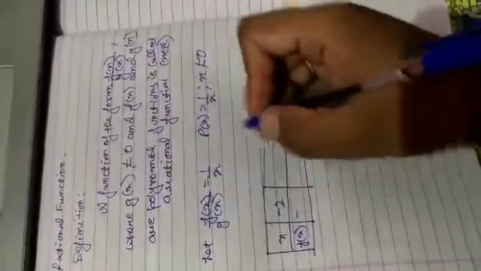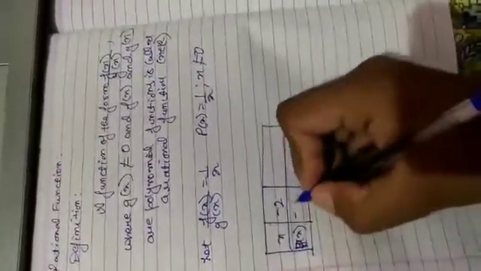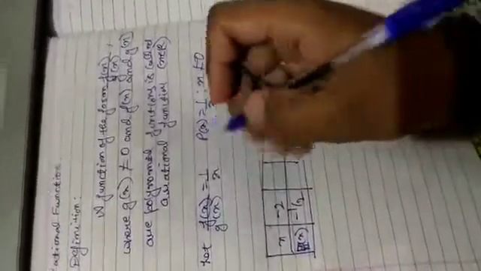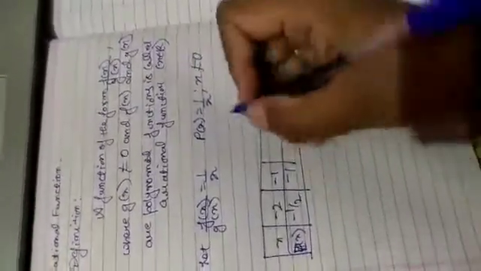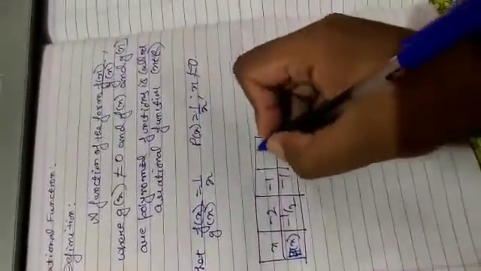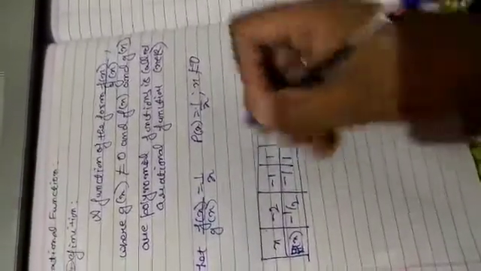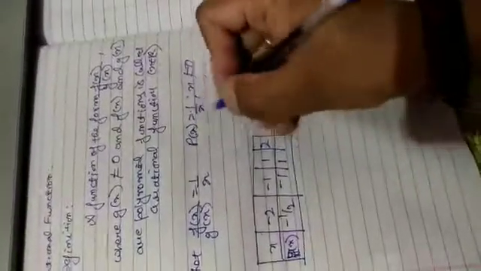This p(x) will be -1 by 2. Now if we put the value of x as -1, this will also be -1. If we put the value of x as 1, we will get 1 by 1, which is 1. If we put the value 2, we will get 1 by 2.